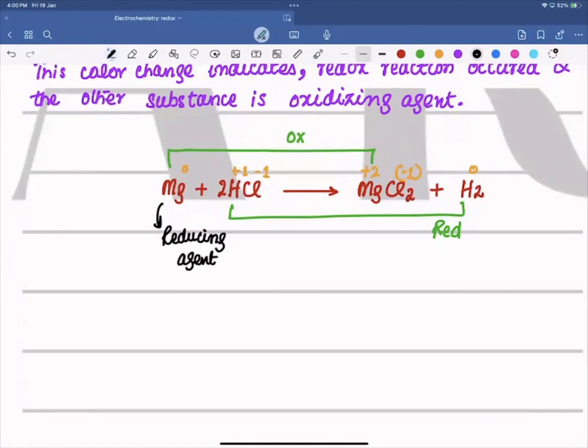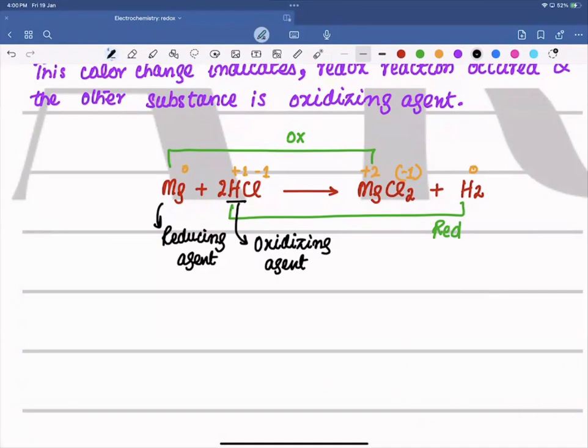In the same way, hydrogen chloride is reduced, so the hydrogen ion or hydrogen chloride is the oxidizing agent. Is this understandable? Yes, sir.